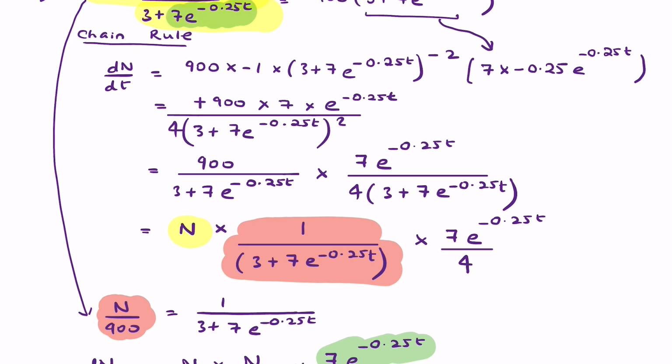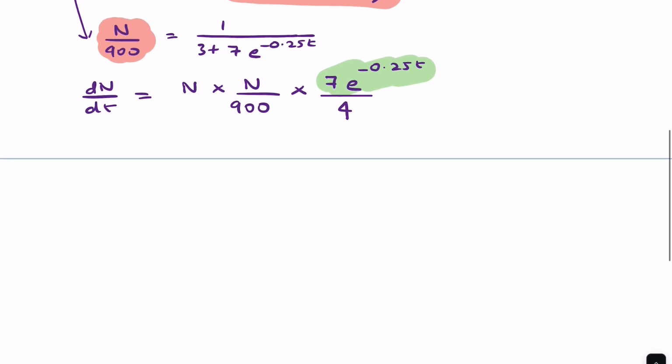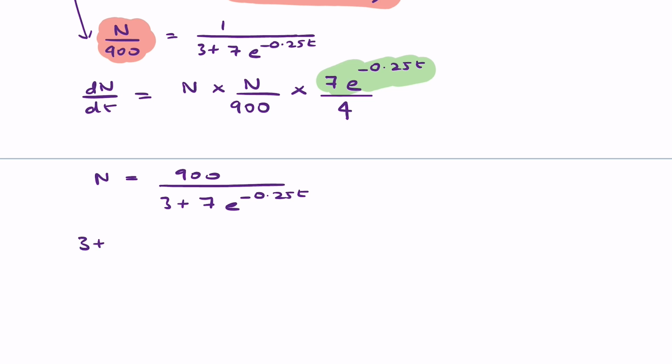So let's rewrite the main equation: n is equal to 900 over 3 plus 7e to the minus 0.25t. Now from here I'm going to divide both sides by n and multiply both sides by the denominator, so it becomes like so.